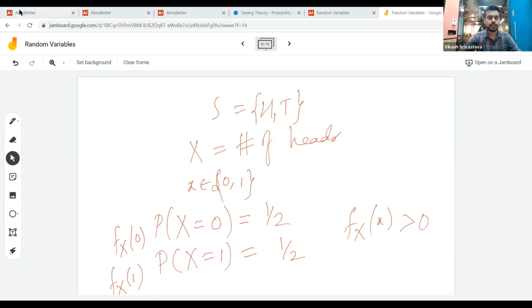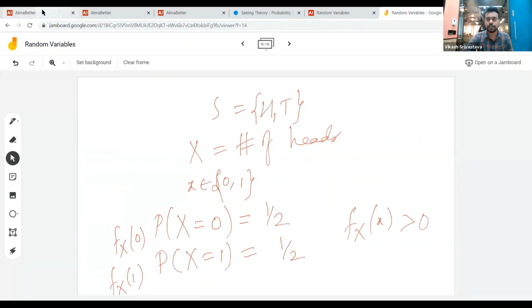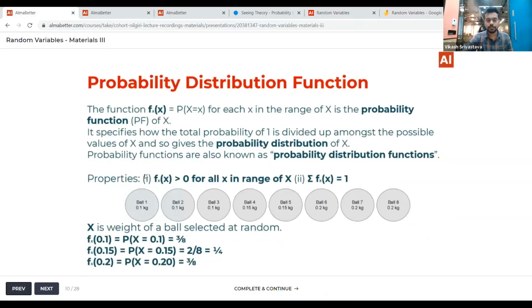So this is important: there is no equality here, it should be greater than 0. Of course, I can make a lot of constructs for which my probability will be 0, but do I actually need to bother about them? No, I don't think so. So all these individual f(x) should be greater than 0.